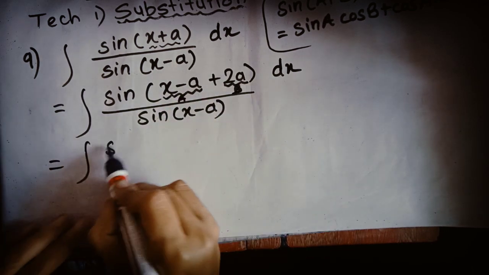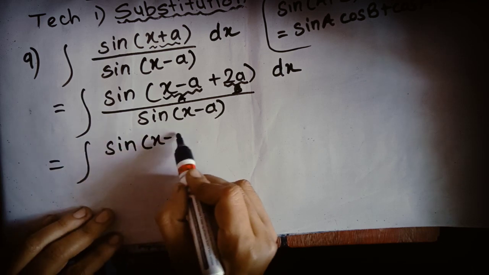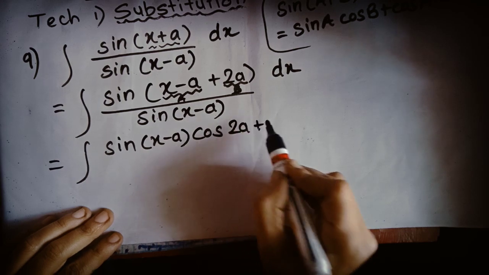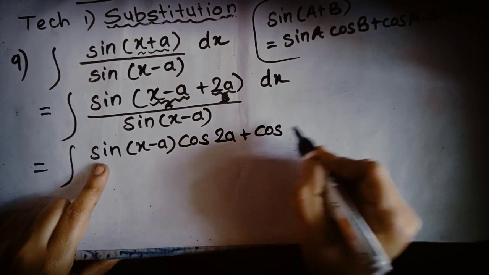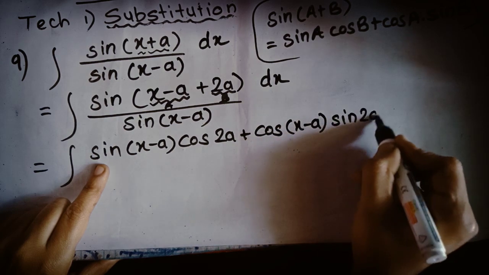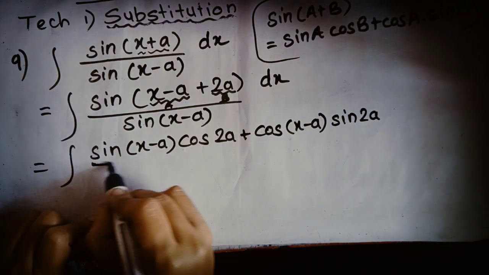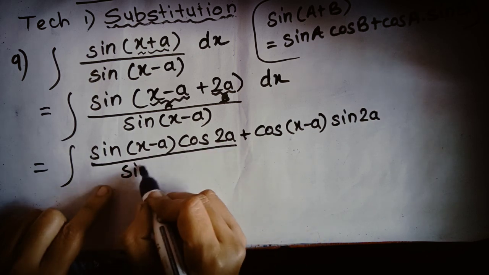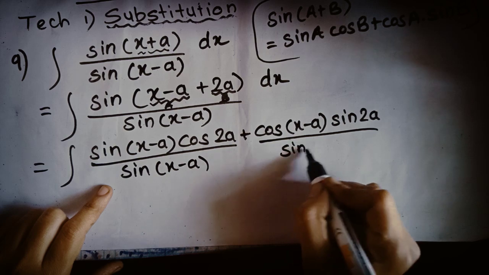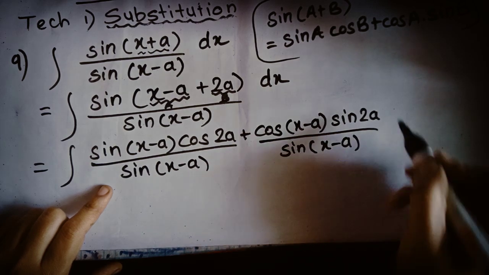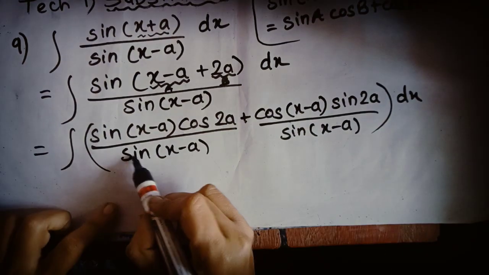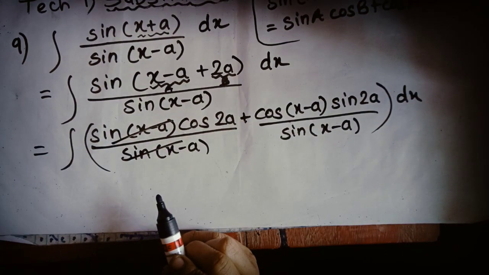So this will be sin of x minus a into cos 2a plus cos of x minus a into sin 2a, upon, now we'll separate this denominator, sin of x minus a dx. Okay, I can cancel this, right?